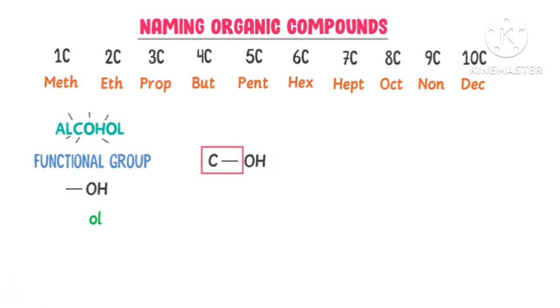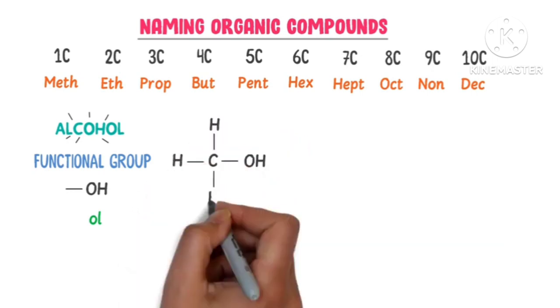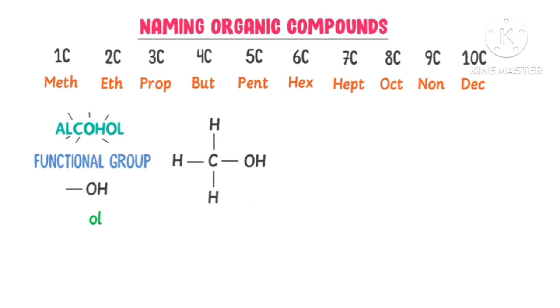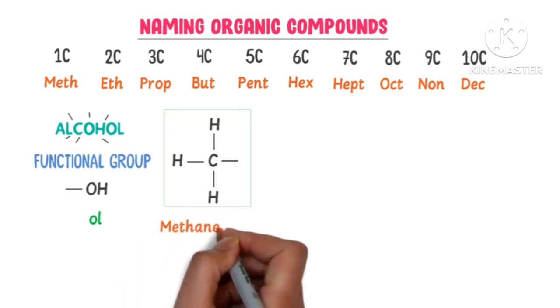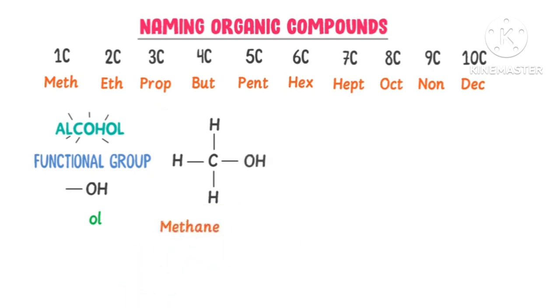This carbon has formed only one bond, so it will form three bonds with three hydrogen atoms. Now if we hide OH group, this carbon contains single bond, so it is a methane. While for OH group of alcohol, we use ol. To combine these two terms, we get methanol.